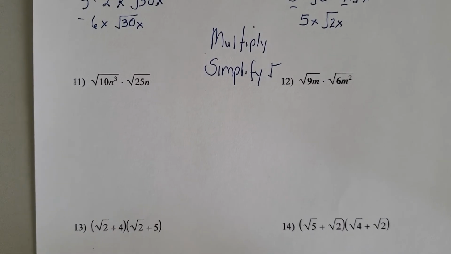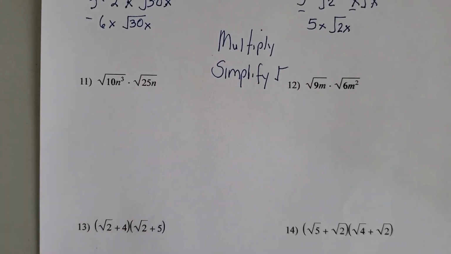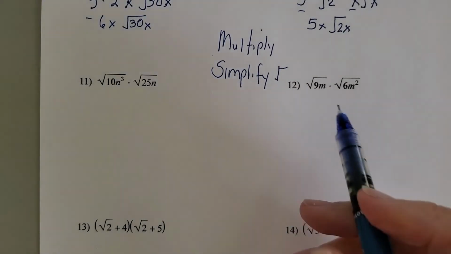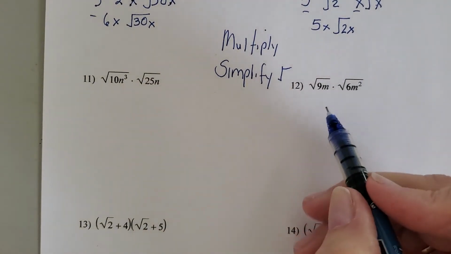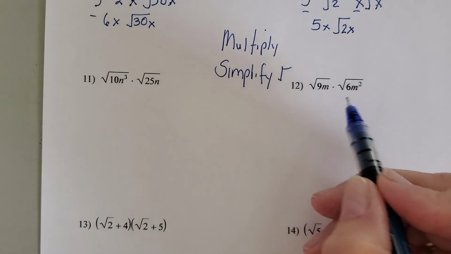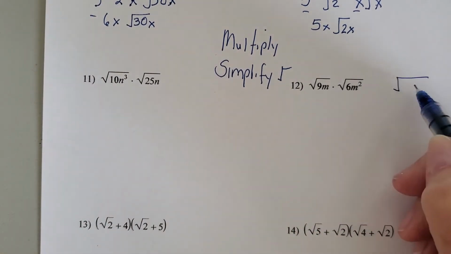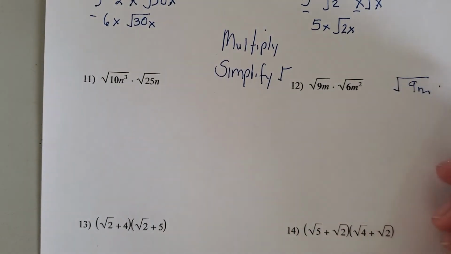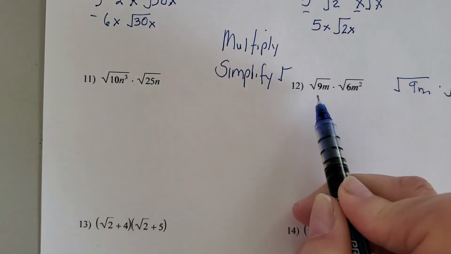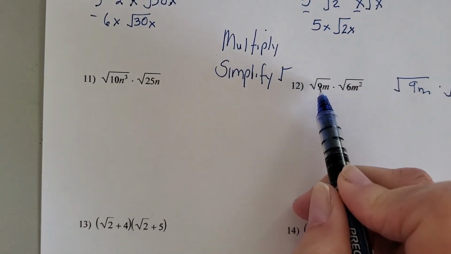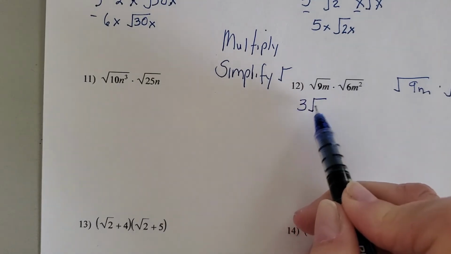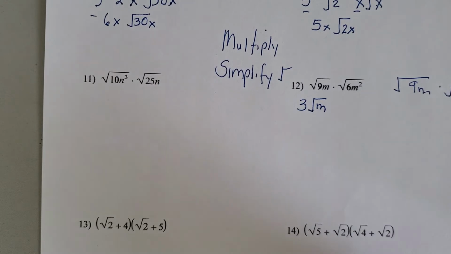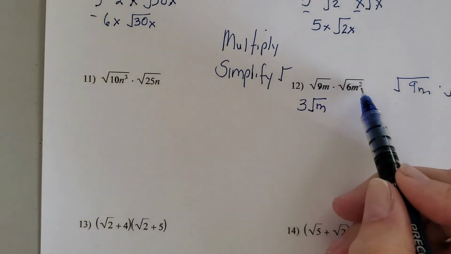I mean, I feel like these are pretty straightforward. I'm going to do this one because I feel like people miss this particular factor. So, 2 ways we could do this, and I'm going to show you both ways. You could notice that 9 is a perfect square. So the square root of 9 is 3. So that would come out. So that would make the problem this. All right?